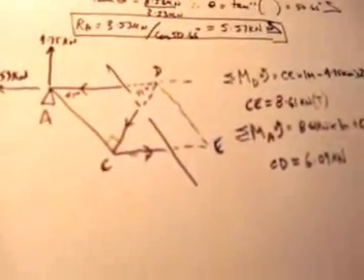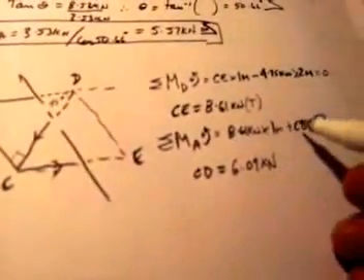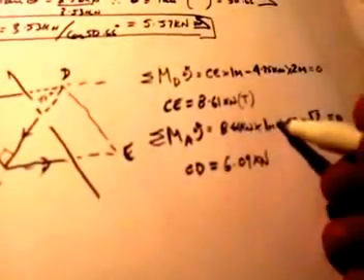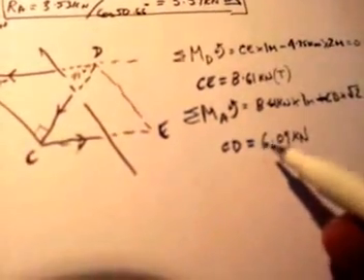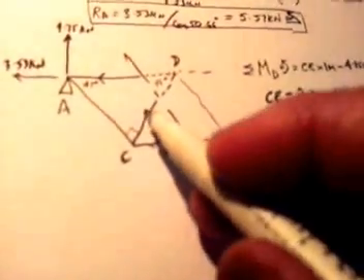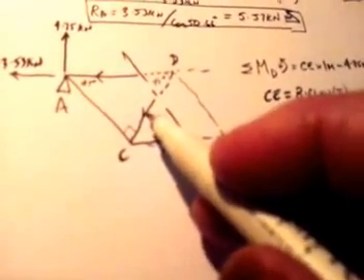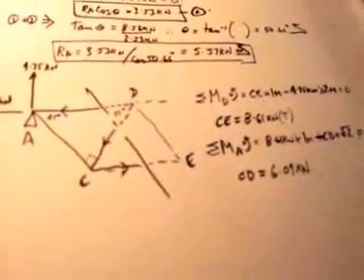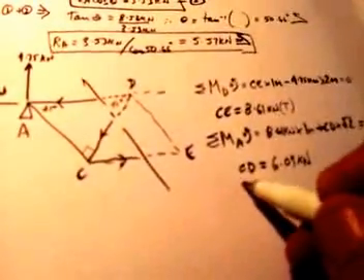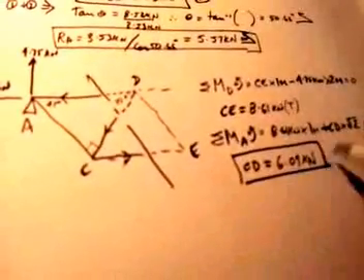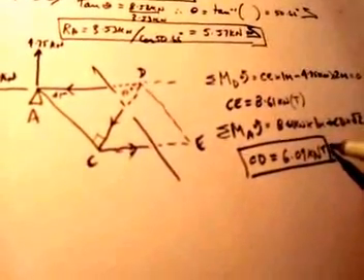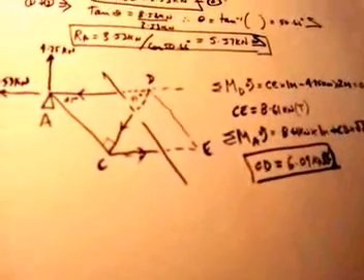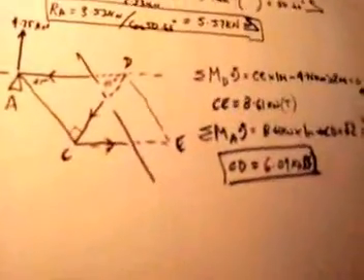See the arrow pointing down here, which means that really CD here should be not plus, it should be minus CD. Minus CD, which of course means that the overall result for CD is positive, giving me the correct sense that I've chosen as being a compressive sense on this member. Sorry about that. Okay, that's sorted. So CD is 6.09 kilonewtons, and that'll also be in compression.